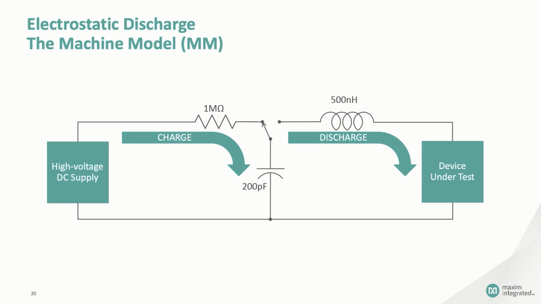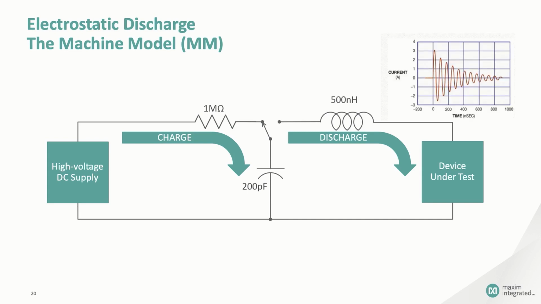This arrangement simulates a metal-to-metal contact, and the discharge of the capacitor through an inductor gives the characteristic ringing that you see in the waveform. The voltage applied in an MM test is much lower than that applied in an HBM or an AGM test, typically about 200 volts versus several thousand volts in an HBM test. But since there is no current limiting resistor, the delivered current pulse can be quite aggressive.